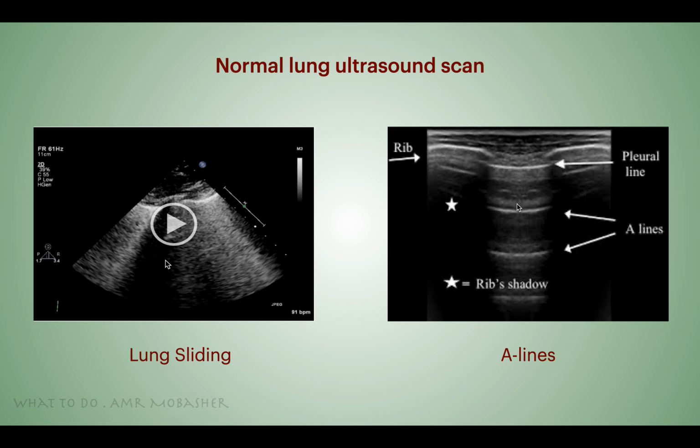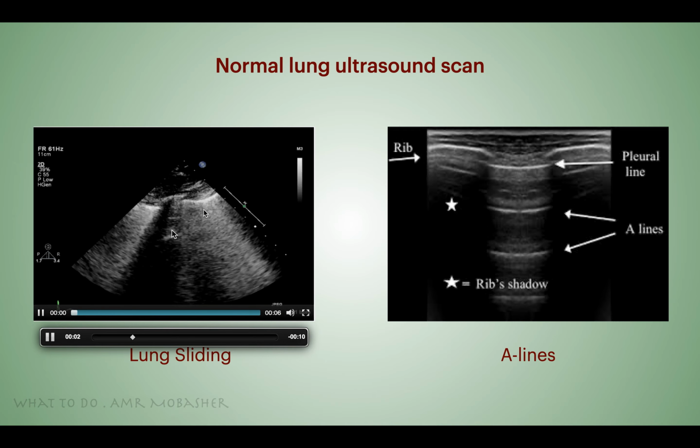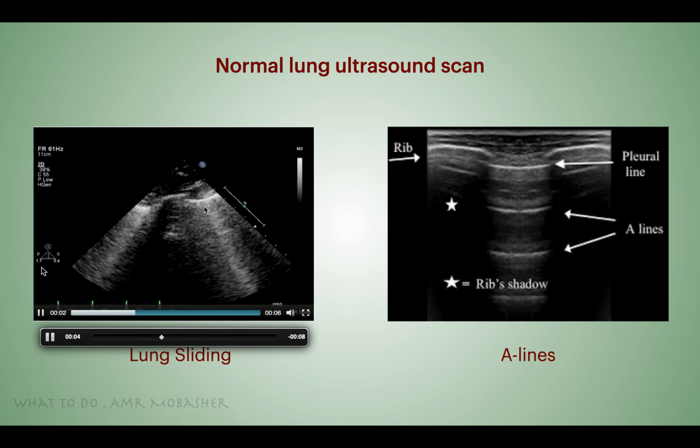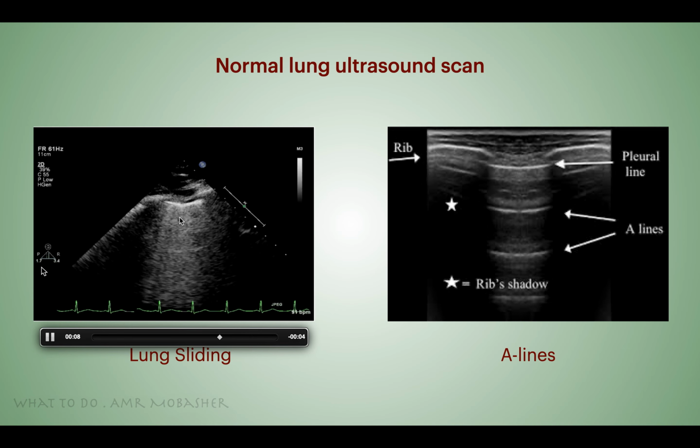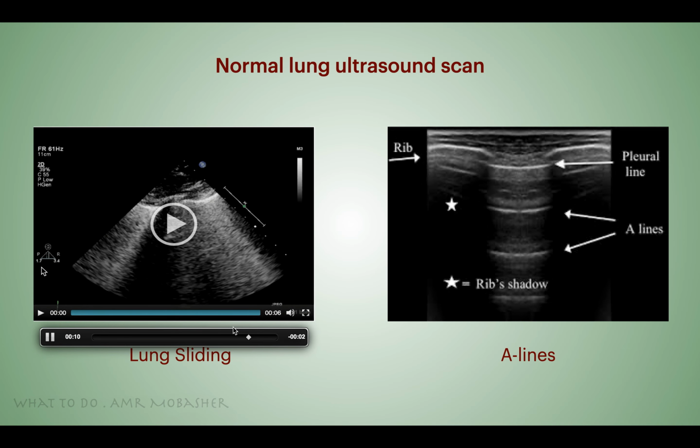This is the pleural line and its reflections, which are called A lines, a normal finding. And this is what's called lung sliding or pleural sliding, which has a very high negative predictive value for pneumothorax.